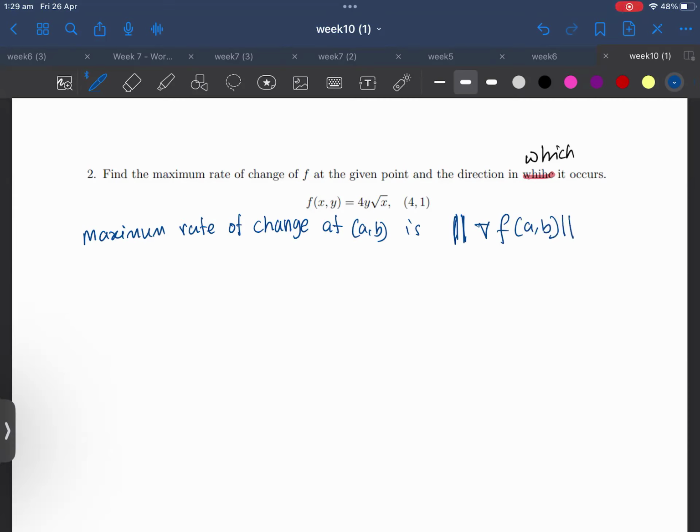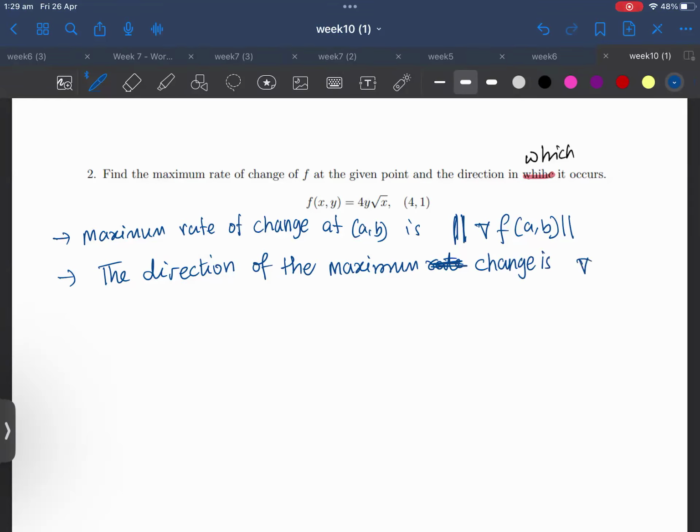The direction of the maximum change is nabla f(a, b).